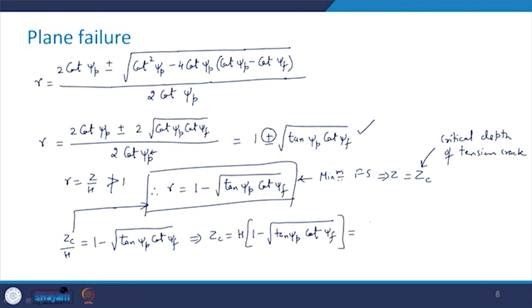So, take a note of it that this is a function of geometry of the slope and it is independent of the material properties.